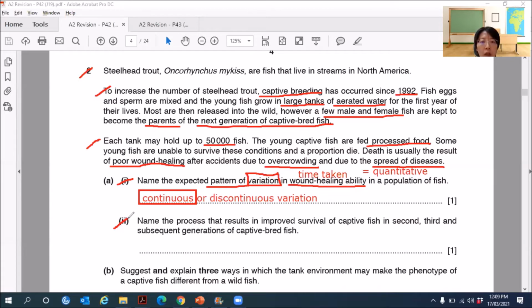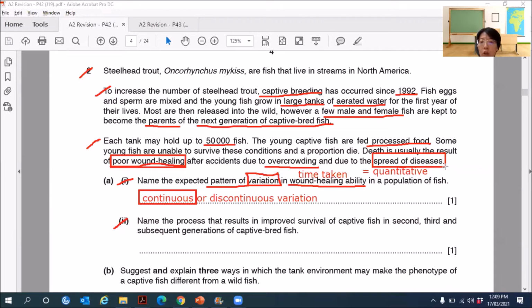That means the fish must have adapted to the two problems they have faced in captive breeding. The two problems here: number one is the wound healing ability, and the second is the resistance to the spread of diseases. That means they get the infection, but they do not have signs and symptoms, so they do not get sick.